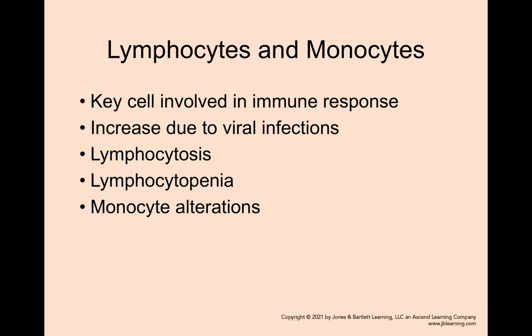High lymphocytes can mean hepatitis, herpes, CMV, or some kind of bacterial infection, or lymphocytic chemotherapy, or lymphoma. When the lymphocytes are low, that can indicate an immunodeficiency, AIDS, or HIV, or destruction from some type of chemotherapy or radiation.